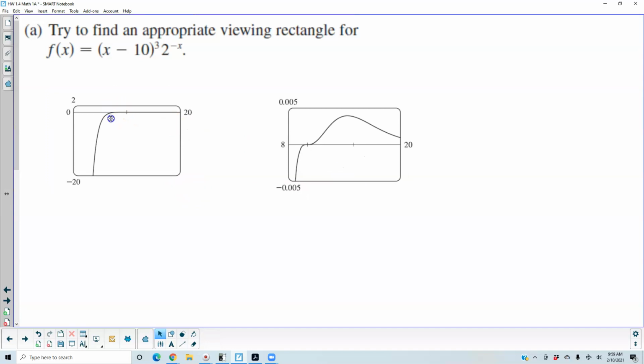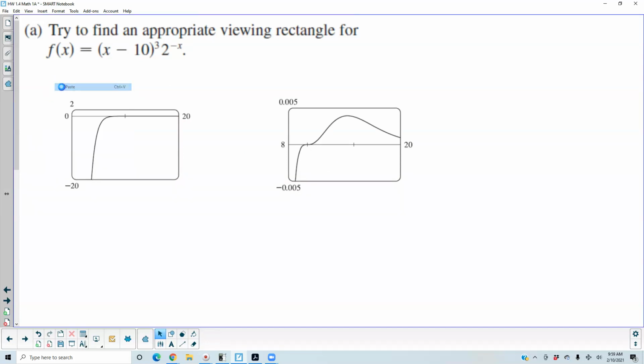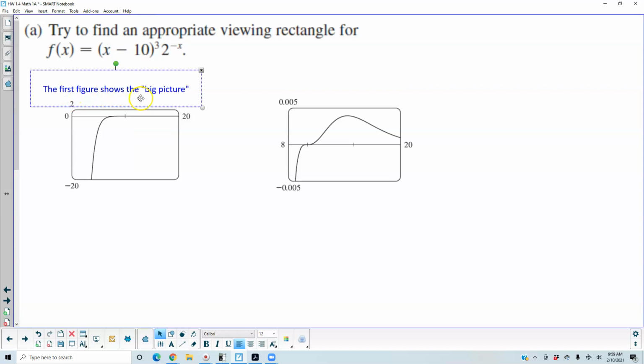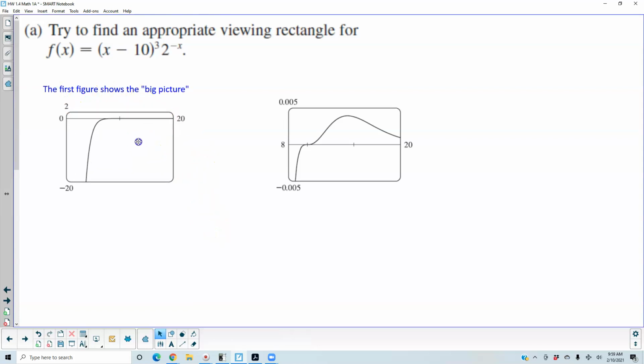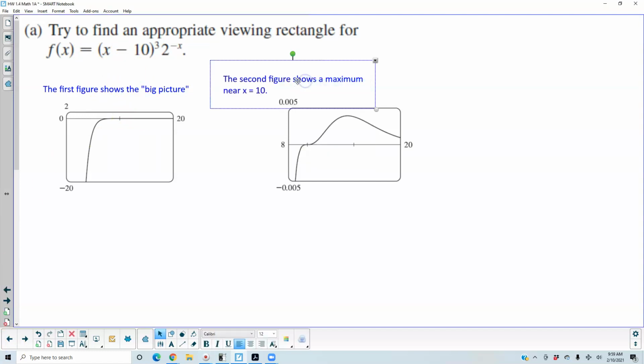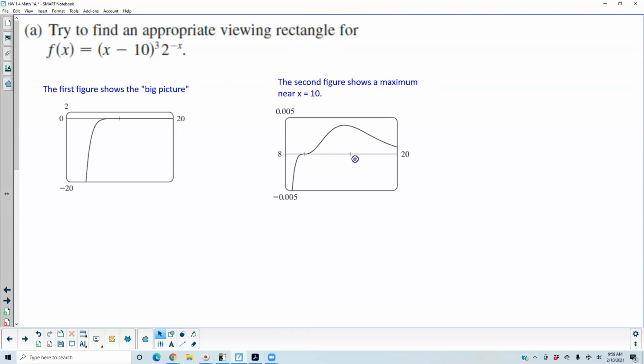If we look at the first one, this first figure shows the actual big picture of what this function looked like on the graph. And then the second graph shows that there is a maximum near 10. There is a maximum value.